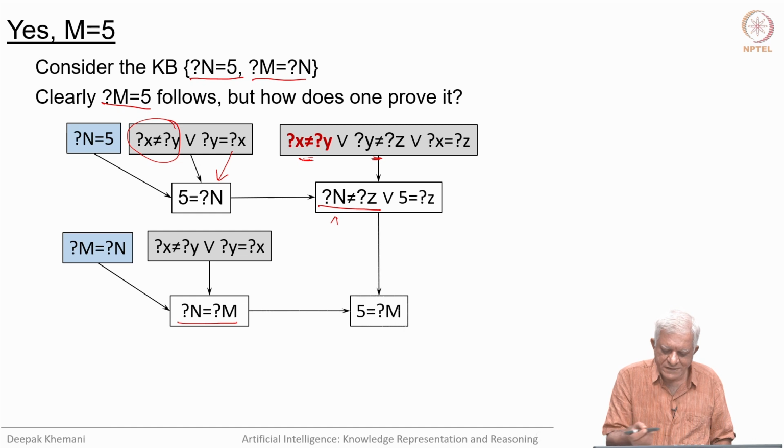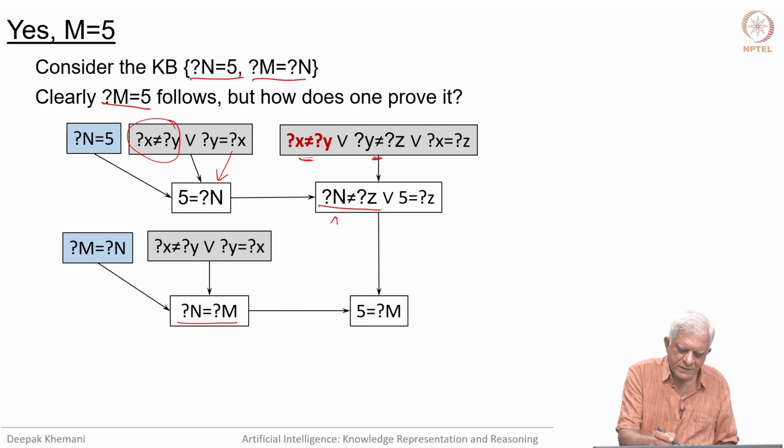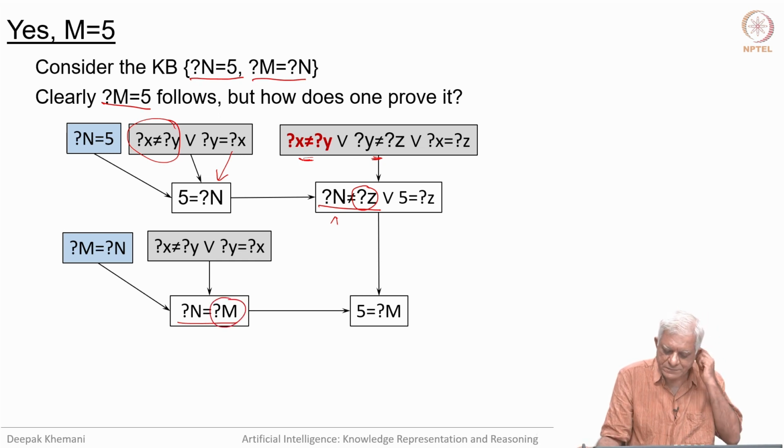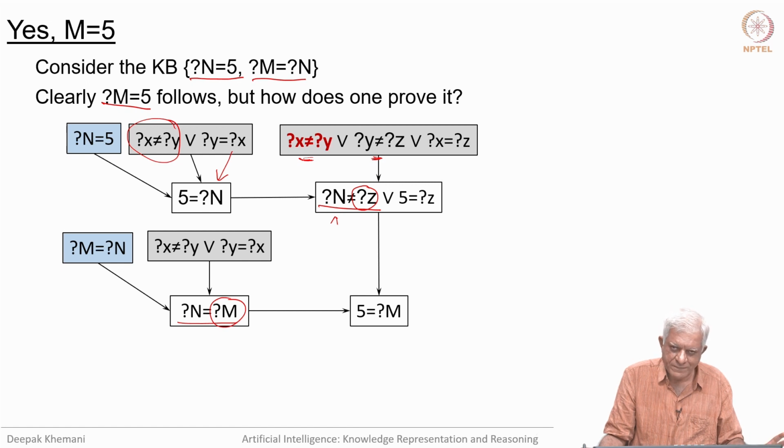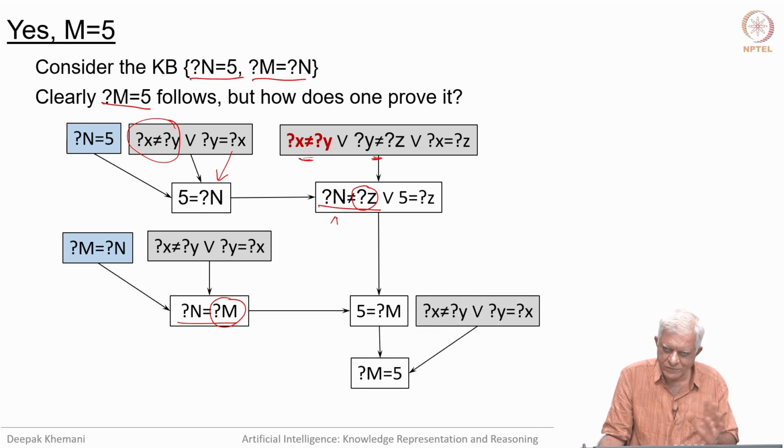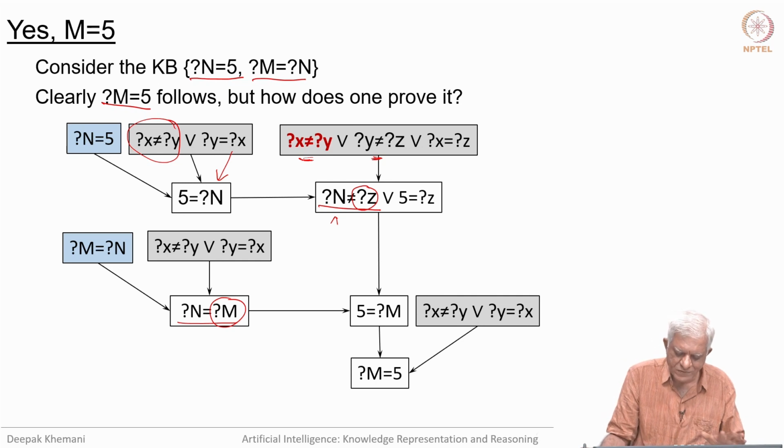And what is that something? That something must be m, because when we are matching z here, we are matching with m. So, that m must come here. This is what we wanted, or almost what we wanted. We wanted m equal to 5. What we have got is 5 equal to m. By now we are familiar with this process, so we use the symmetry axiom to convert that into m equal to 5 essentially.